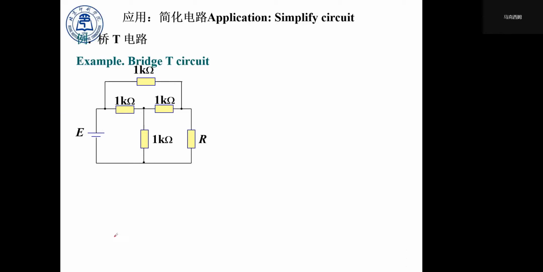This is a typical T-shaped network, right? But also, this one forms a delta-shaped network.